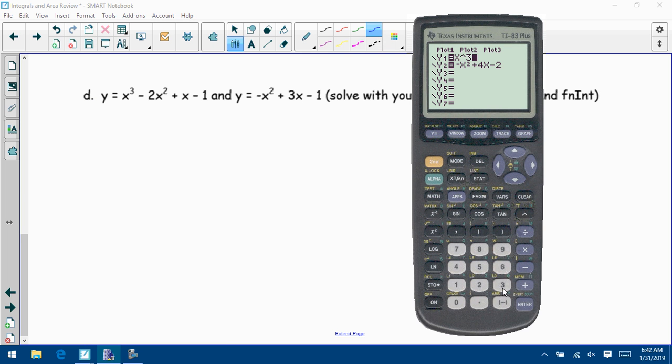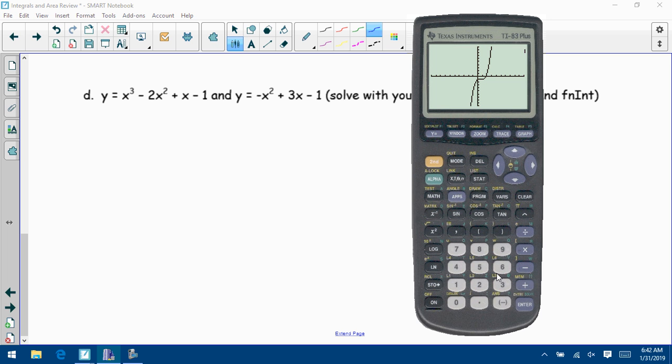So if I throw in x cubed minus 2x squared plus x minus 1 in y1 and negative x squared plus 3x minus 1 in y2, let's look at what we got here.